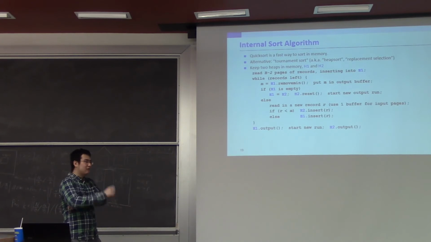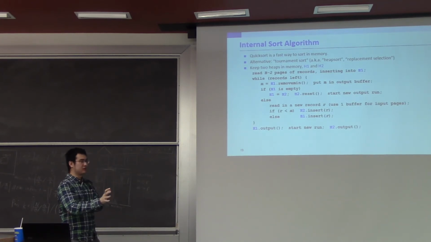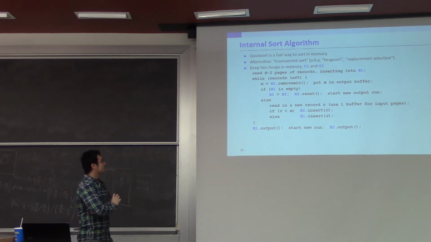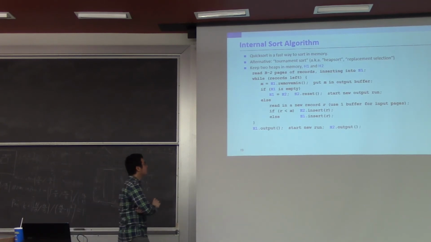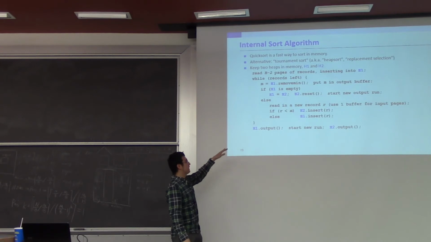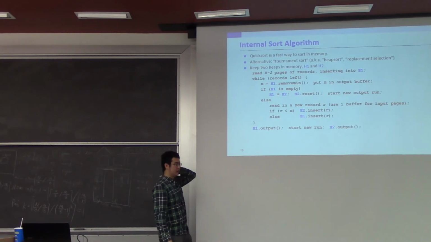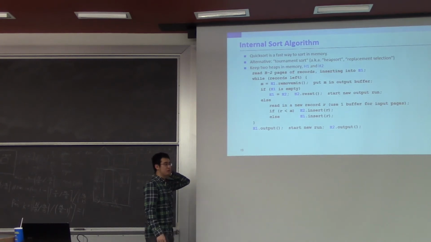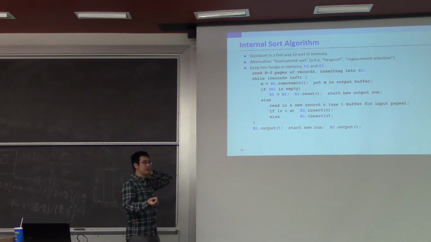Okay. So whenever you remove one element from H1, you put that into the output buffer. The key point here is that you always replenish one of the heaps when you remove one element from H1.